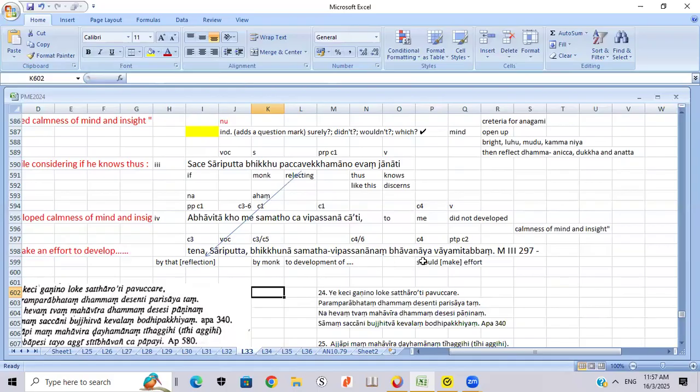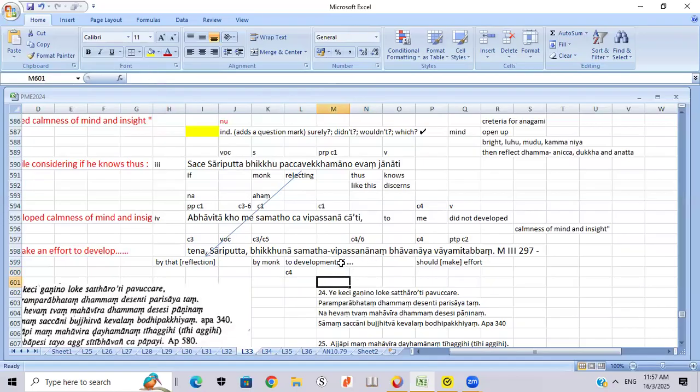Can you see here? Bhavanaya. That means development, the cultivation or development. Can you see this part? This is for C4. So the cultivation or development, of this one.